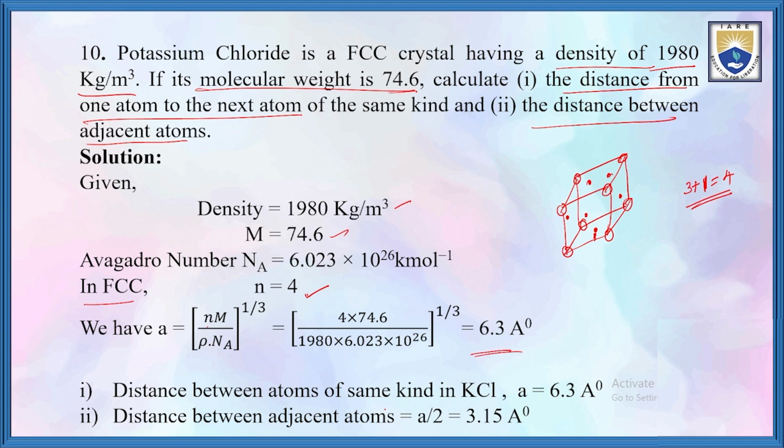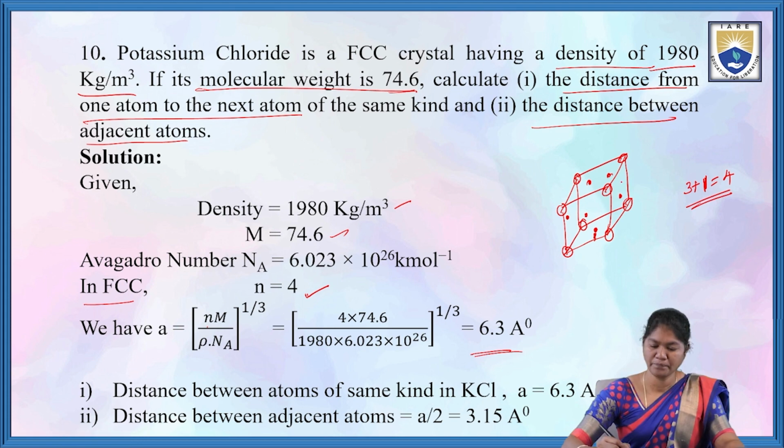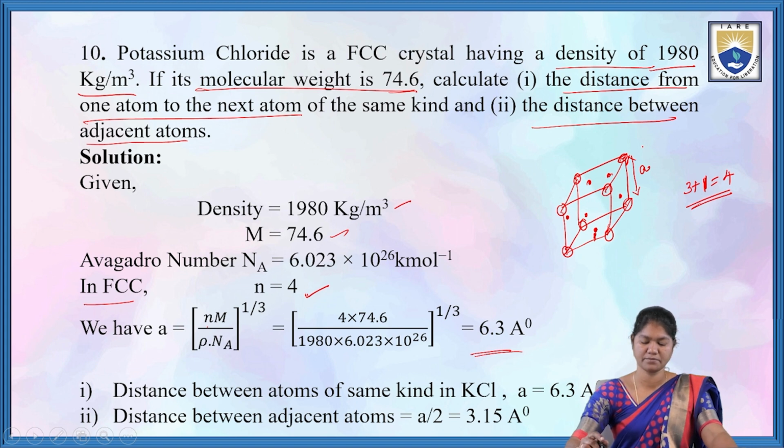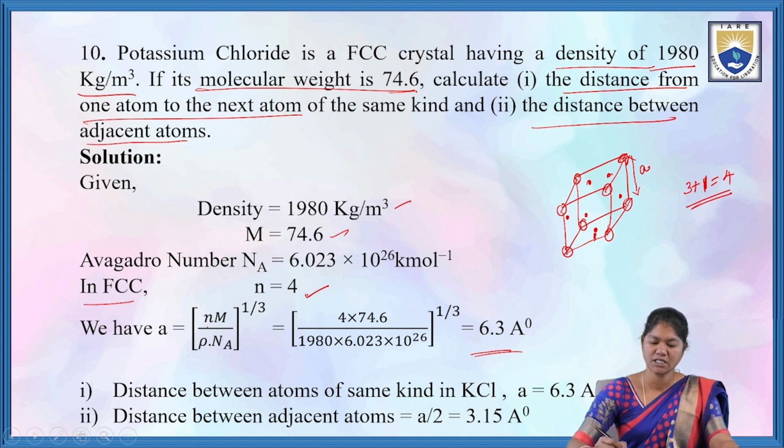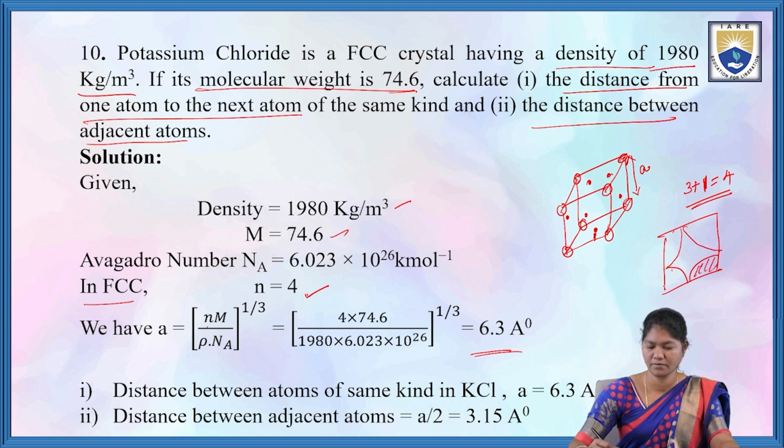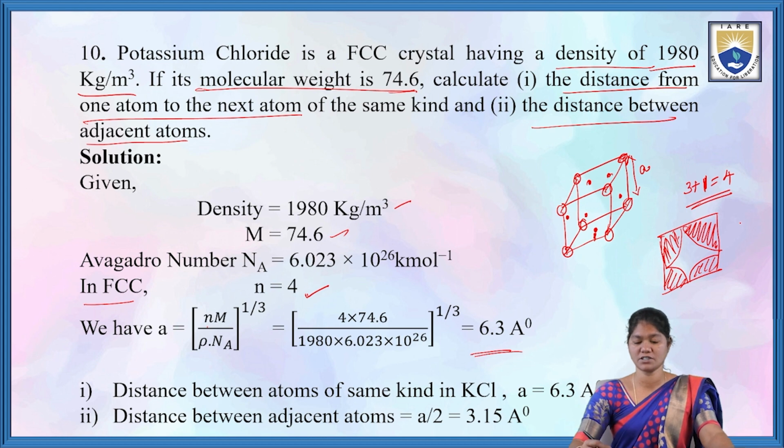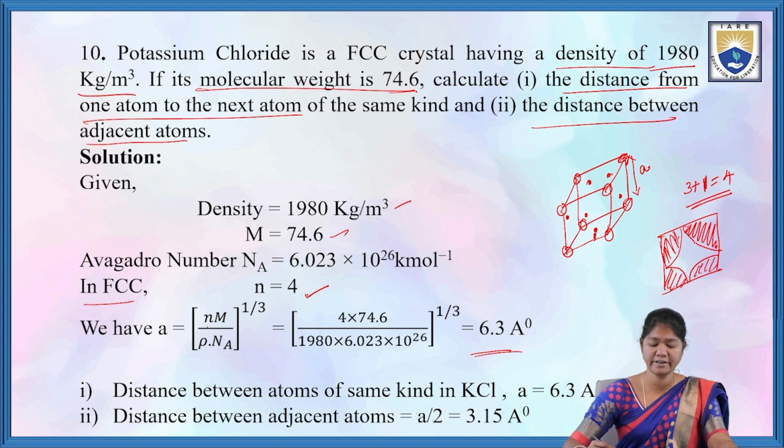Here the distance between atoms of the same kind is the distance from here to here, which is A. The atoms are placed like this, at each corner in a unit cell.